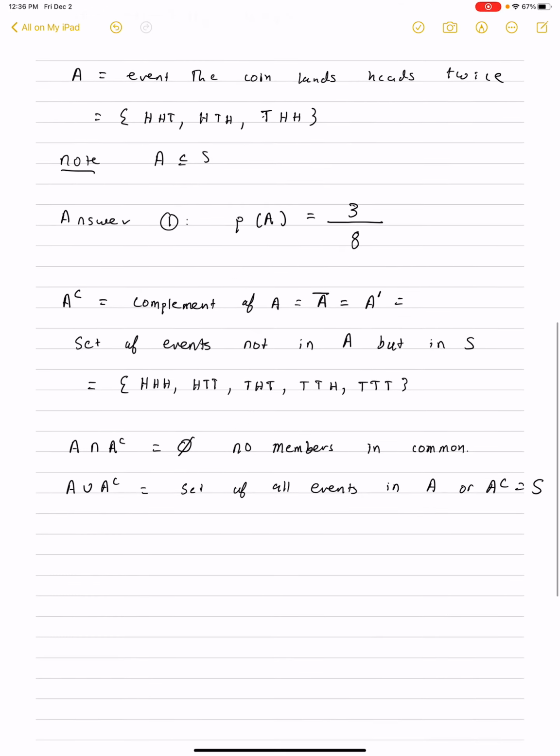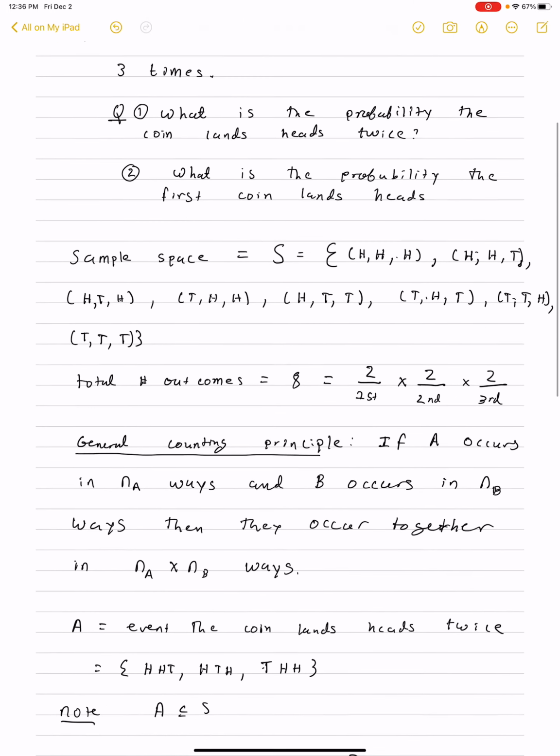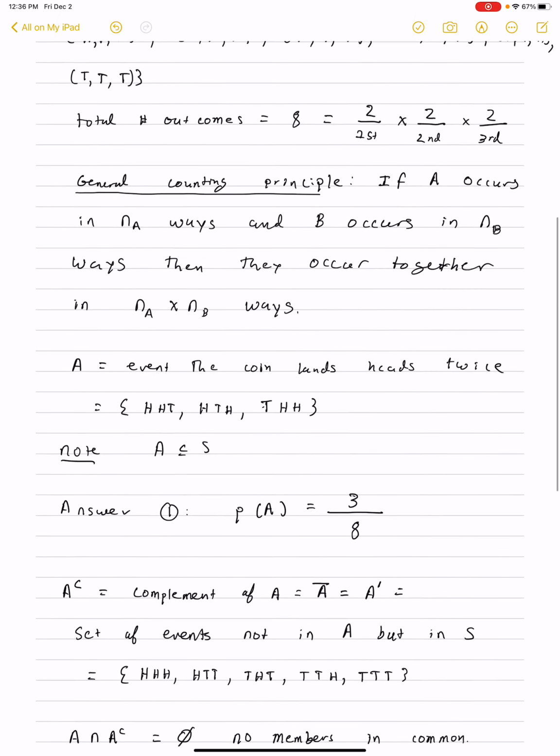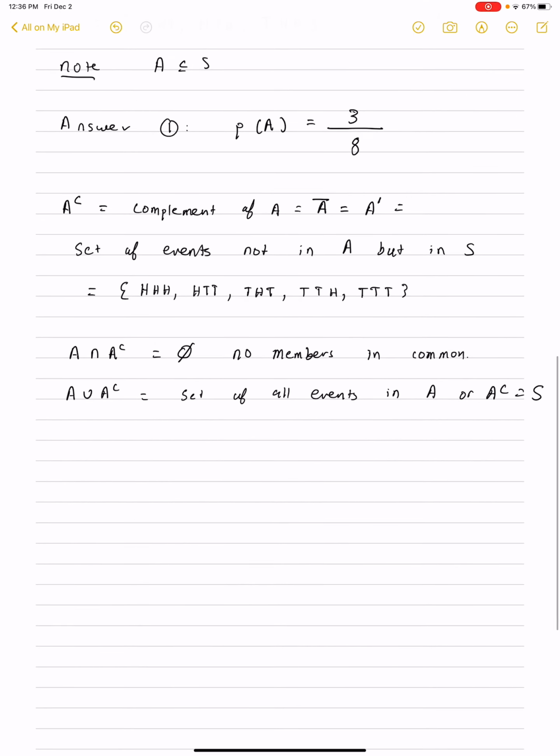Now, there was a second question here. Question 2 is, what is the probability the first coin lands heads? Intuitively, we know the answer to this, but let's write it out. I'm going to let B be the set of events so that the first coin lands heads.